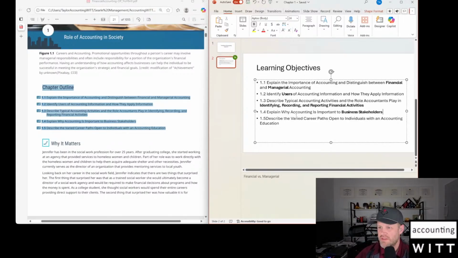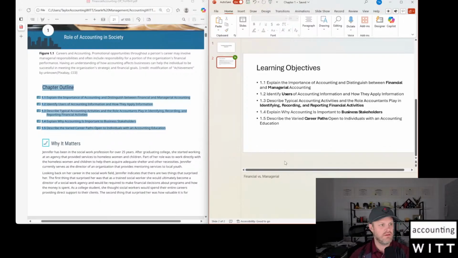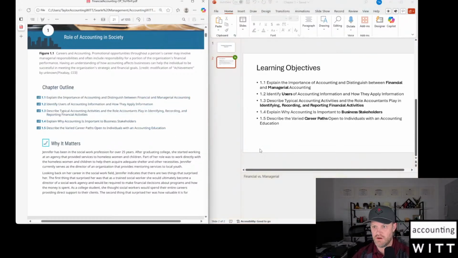And then describe the various career paths open to individuals with accounting education. So we're going to dive into those things. Full disclosure, this session right now, I only have like 15 more minutes, so we're not going to get very far, but I wanted to get it started.